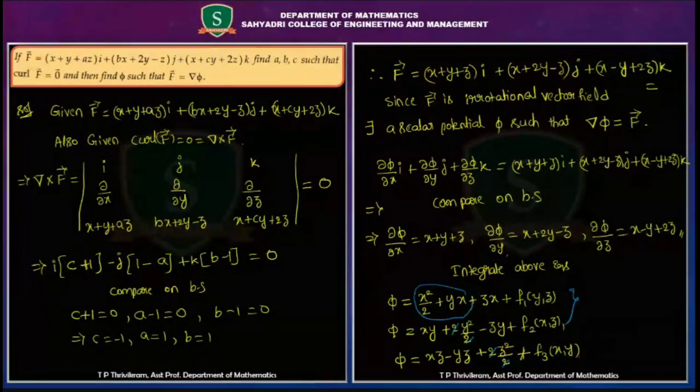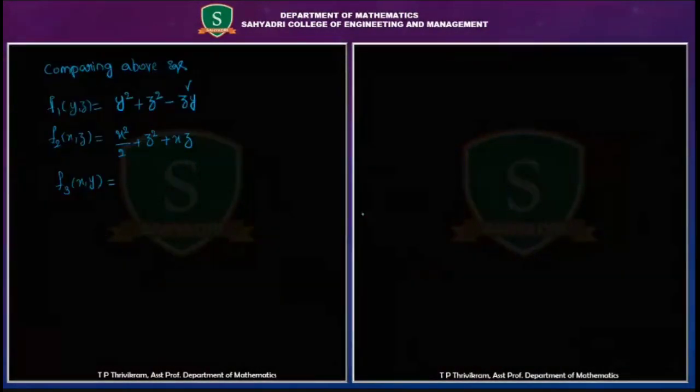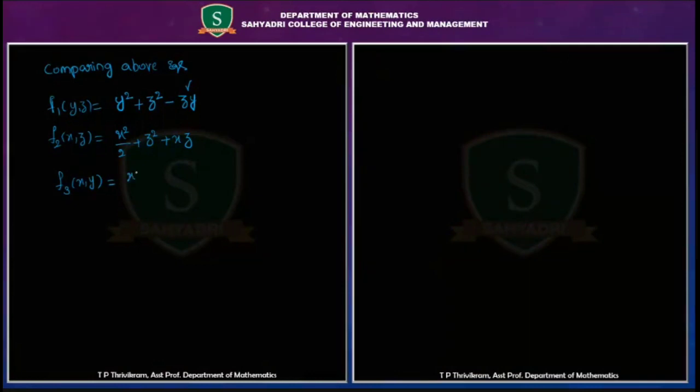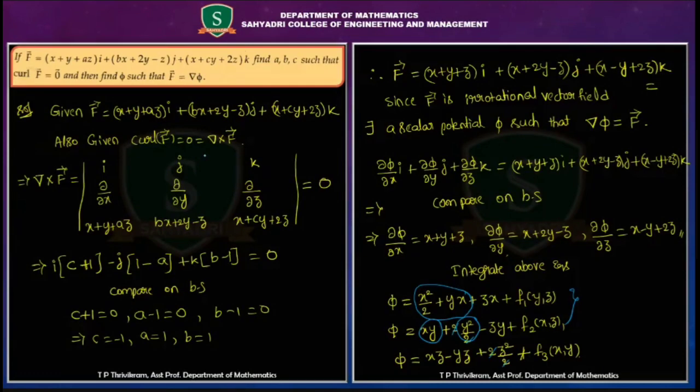Next here xy and here y square. So here also I'll get x square by 2 plus y square plus xy. So in this way you will get f1, f2, f3.